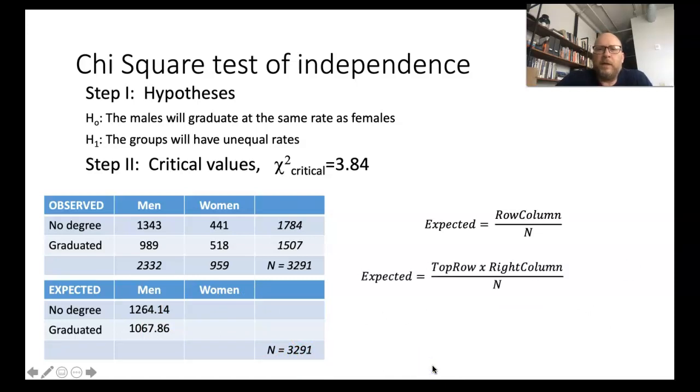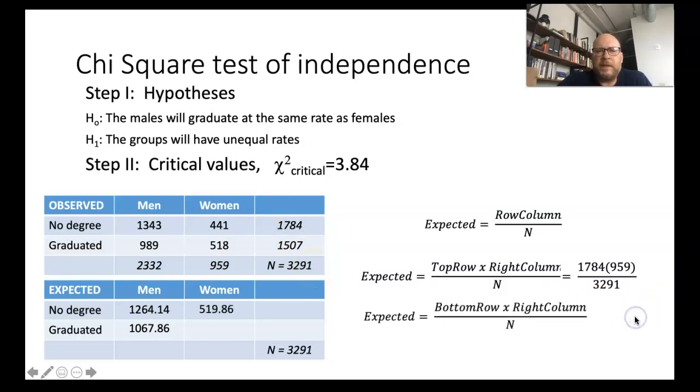All right, for the top row right column, 1784 times 959 divided by 3291, 519.86. And then the bottom row right column, that is 1507 from right there times 959 right there divided by 3291. That gave me 439.14.